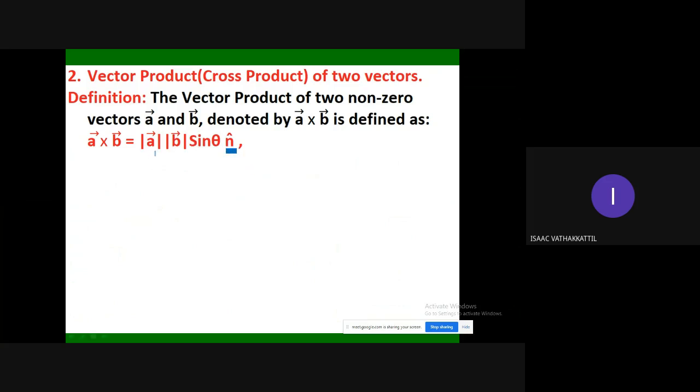Magnitude A is a number, magnitude B is a number, sine theta is again a number, n cap is a unit vector, where theta is the angle between A and B, and theta will be between 0 and pi.